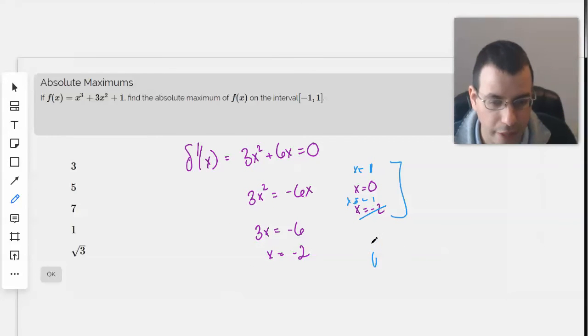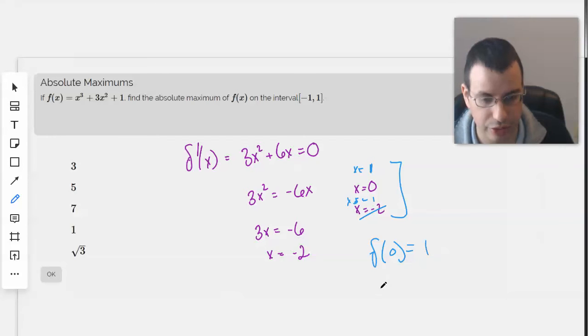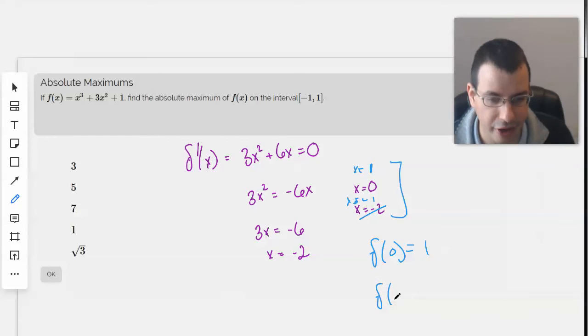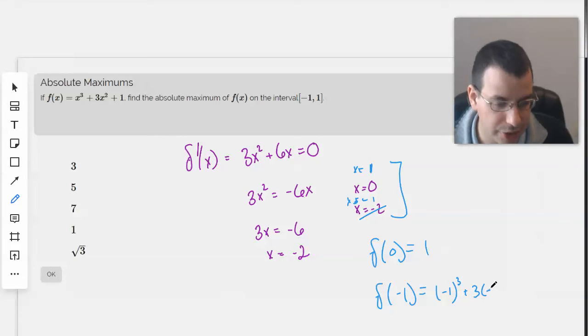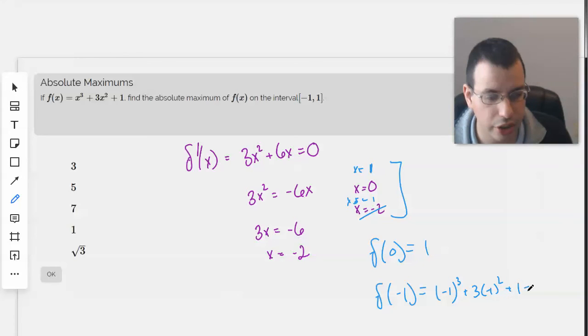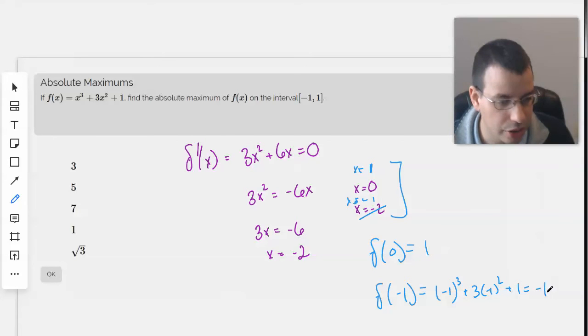So f of 0 equals 1, okay? f of -1 equals -1 cubed plus 3 times -1 squared plus 1. So this is -1 plus 3 plus 1, which equals 3, okay?